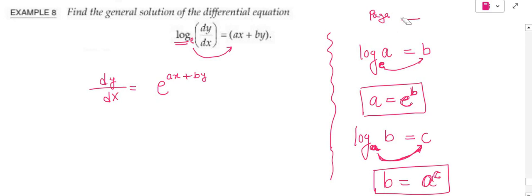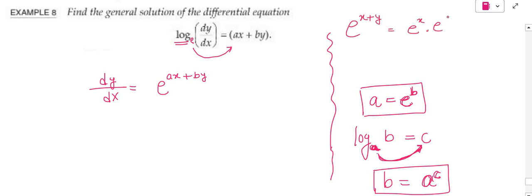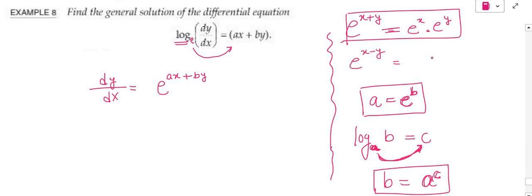Okay. One more thing. Do you know whenever you have e raised to power x plus y, it splits into e^x and e^y as a product? Remember this formula. If you have e^(x minus y), then it becomes e^x by e^y.